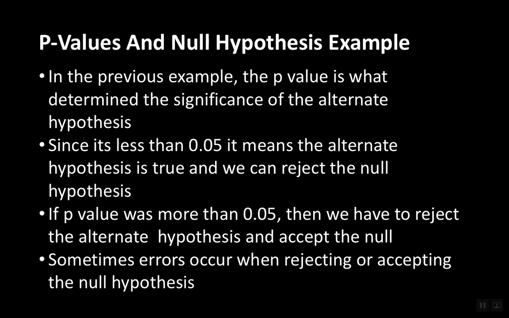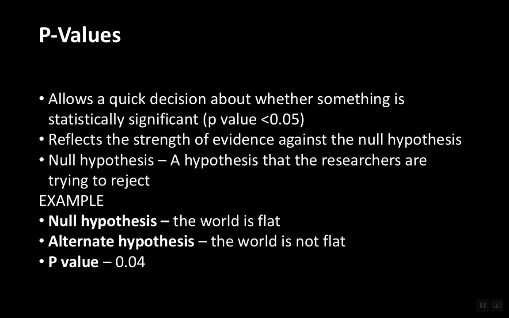Since it's less than 0.05, which is also 5%, it means that the alternate hypothesis is true. Why? Because we gave ourselves a less than 5% chance of making a mistake, and in this case, we achieved that. We achieved it with 4%. There's only a 4% chance that actually the world is not flat.